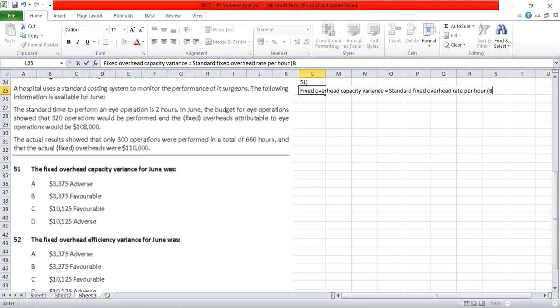So budgeted hours at budgeted capacity only minus actual hours.